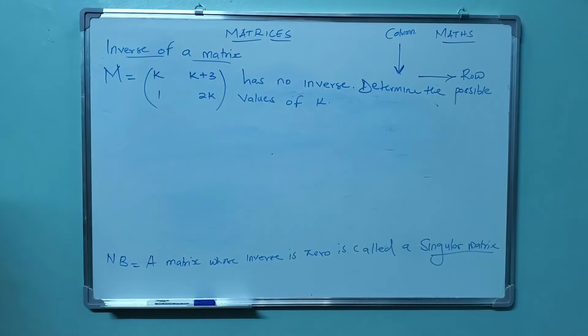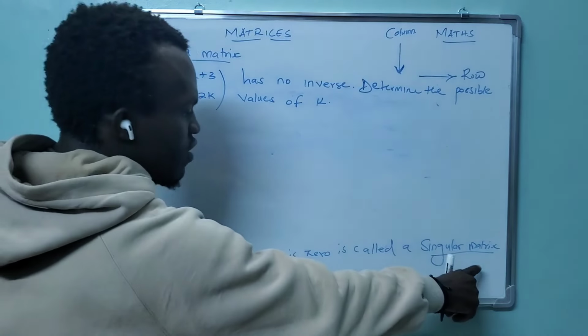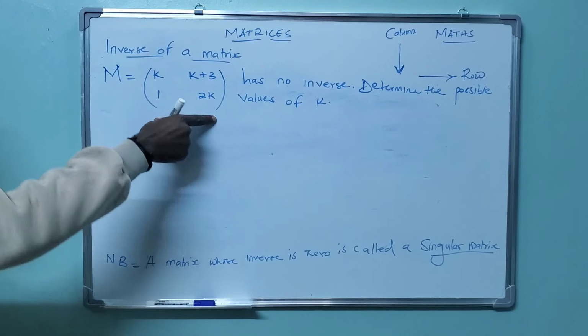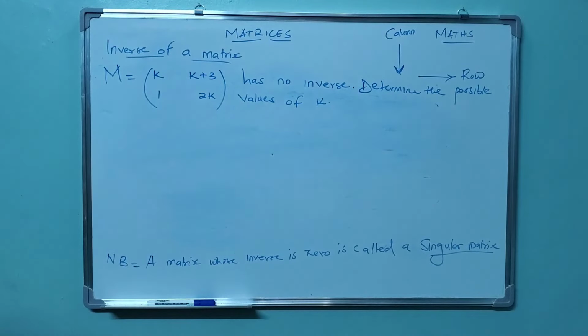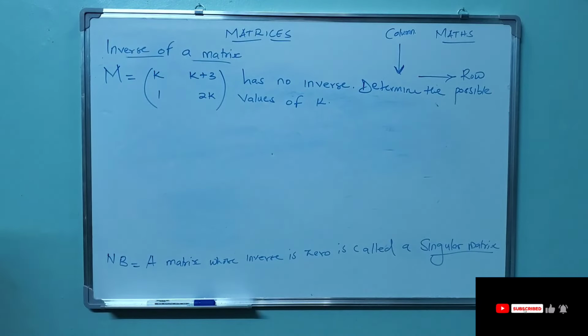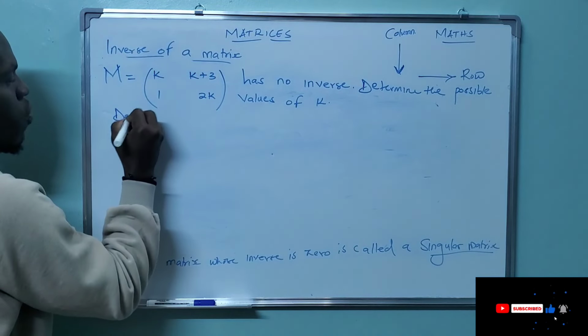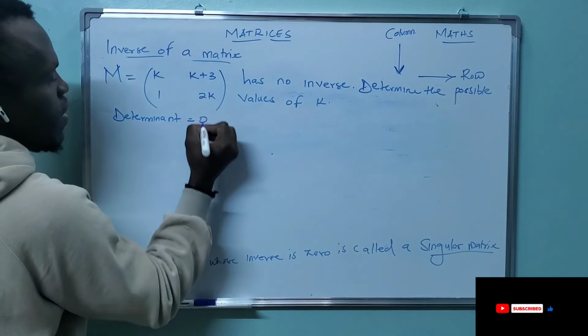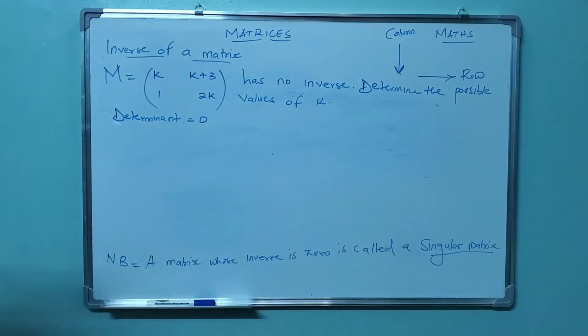Remember I've said, if a matrix does not have an inverse, we call it a singular matrix. And because this matrix is a singular matrix, it means that the determinant is 0. That is one of the things you have to know about a singular matrix. Determinant equals 0.